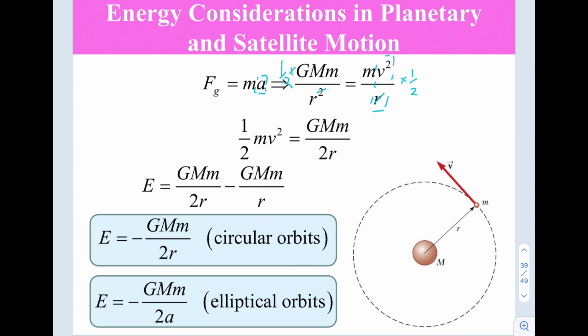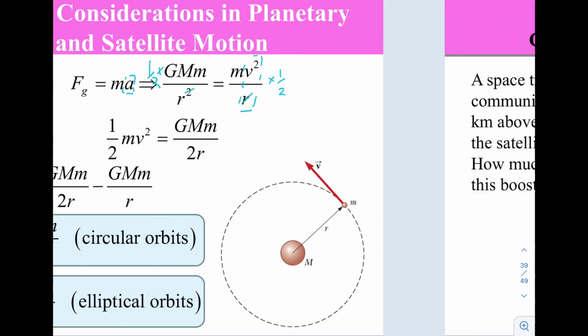If we are taking an approximately circular orbit, then we are going to use this. If we are talking about an elliptical orbit, then we are going to use A, the semi-major axis, because for a circular orbit, approximately the distance is R.